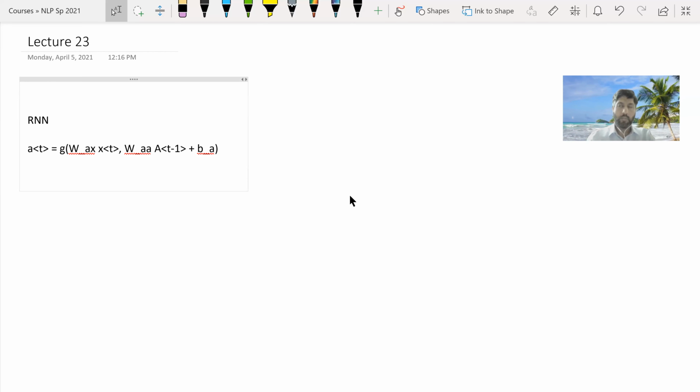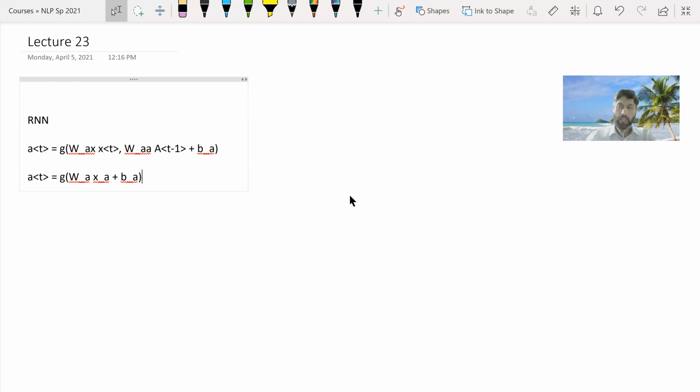But before that, let me rewrite this recurrence equation in a simplified format. And this is also used in the slides, in the videos that I shared with you. So we will write this as A t equals the function g of W A times X A plus B A. So what is happening here is that we have combined the parameters WAX and WAA into one parameter matrix WA.